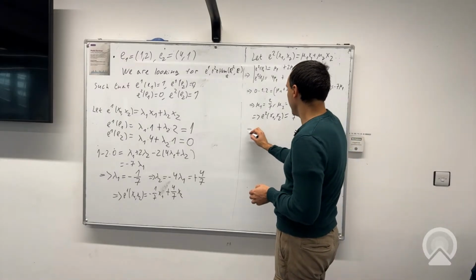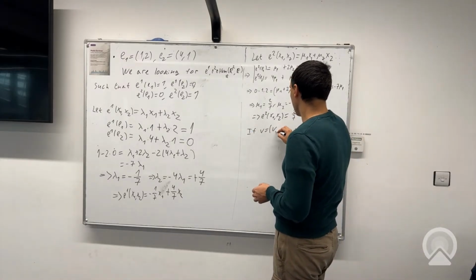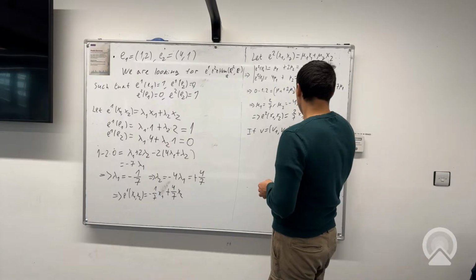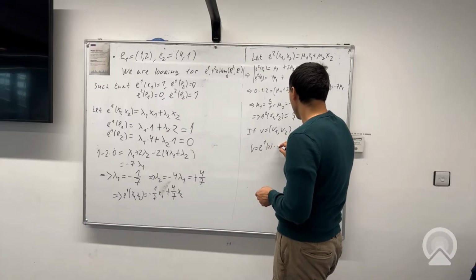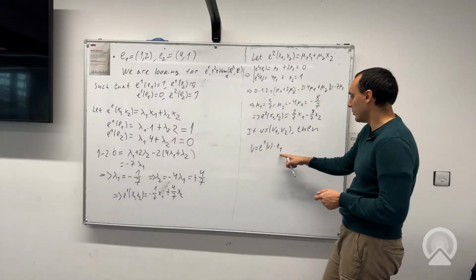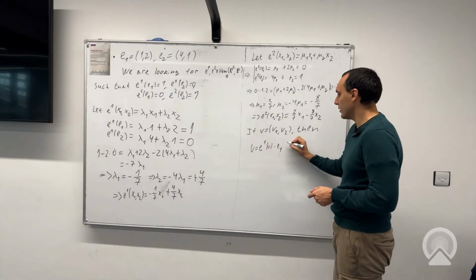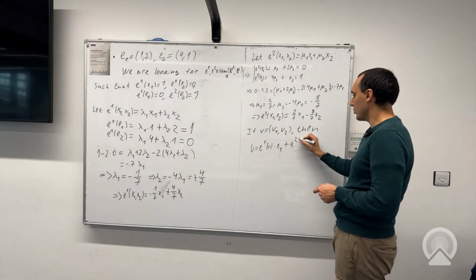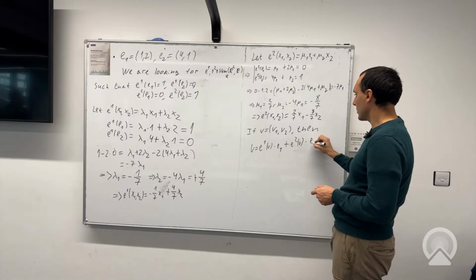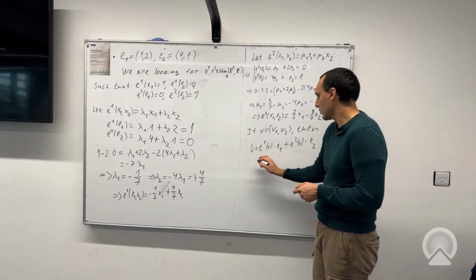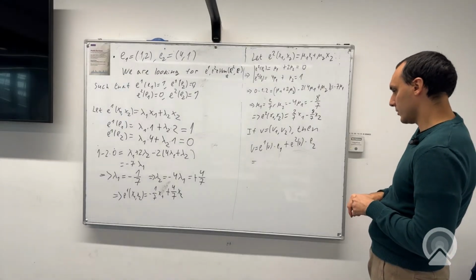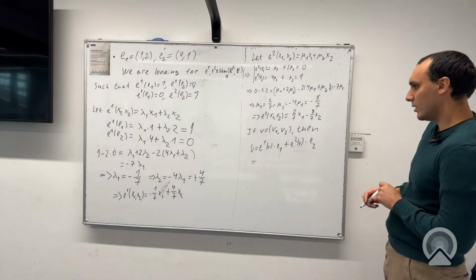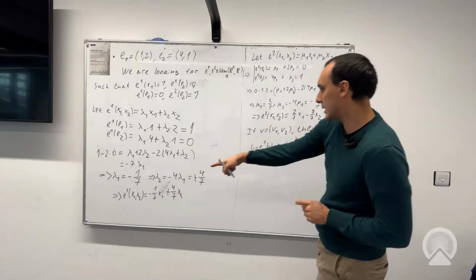And now if v is a vector, then v equals e^1(v) times the basis vector e1, plus e^2(v) times e2. So we get the following. e^1(v) was this here.